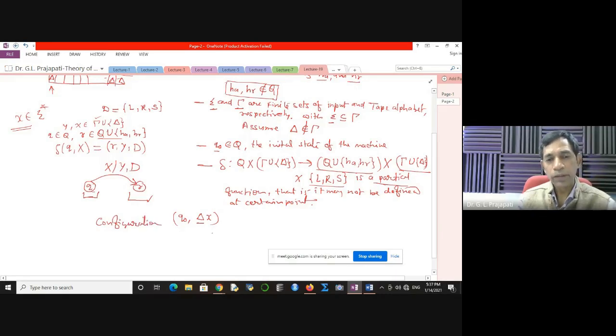What does this configuration show? The configuration is a pair. When we talk about the configuration of a TM, we are talking about a pair. The first one is the current state.